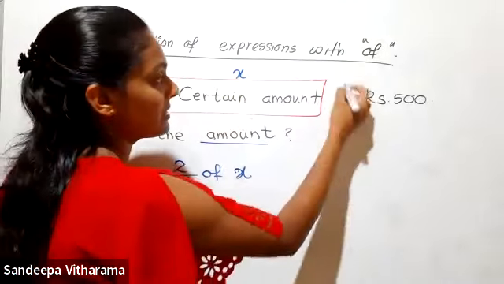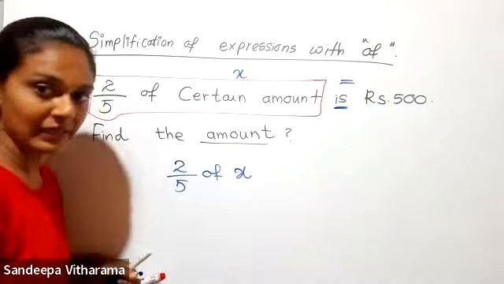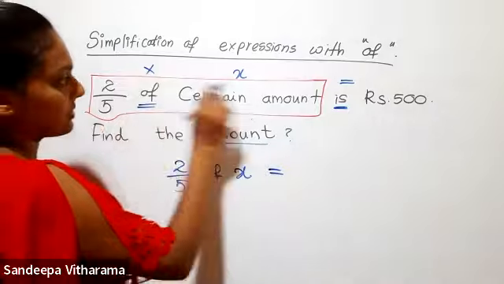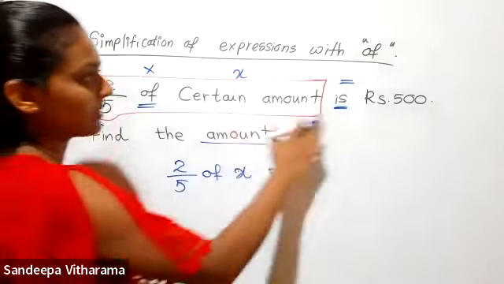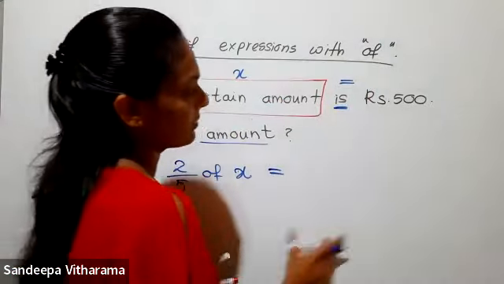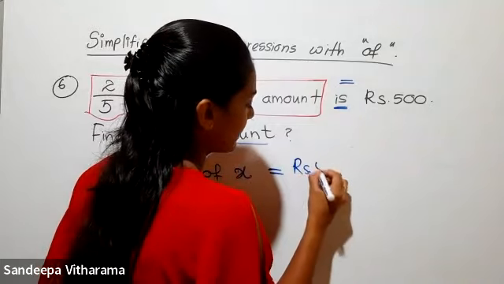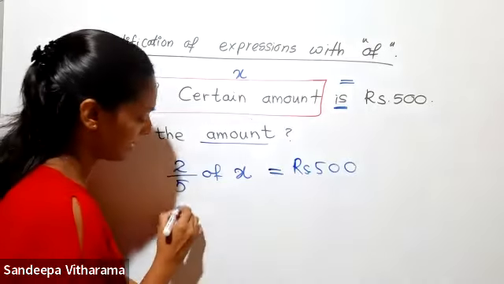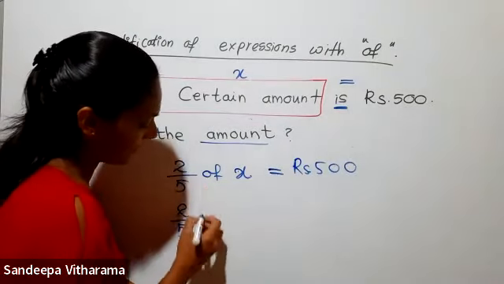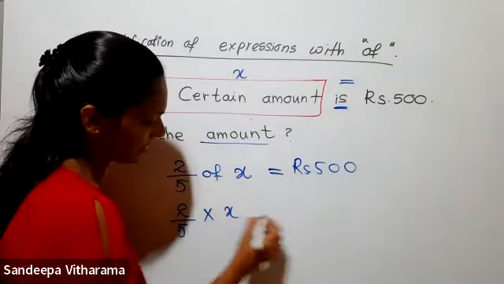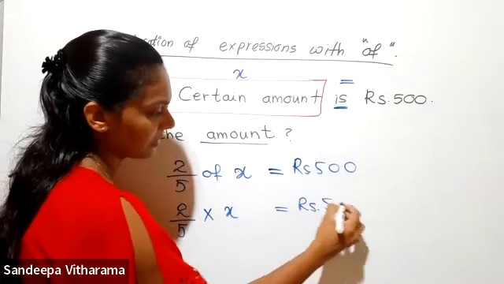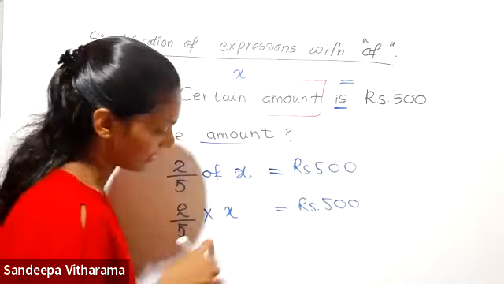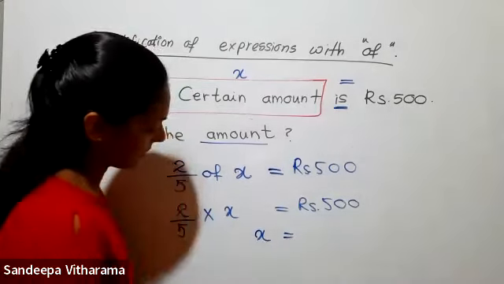Is is always replaced by equal. Of is replaced by multiplication. The certain amount is taken as x. Is equal to 500. Then 2/5 of x, that is 2/5 multiplied by x, equals 500. Now you have to find x. Then x is equal to 500 times 5 divided by 2.